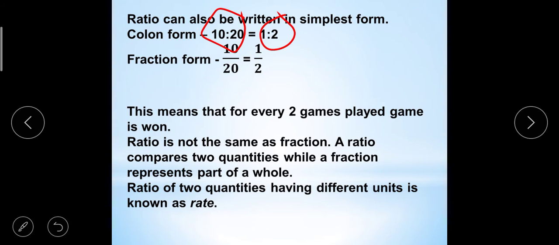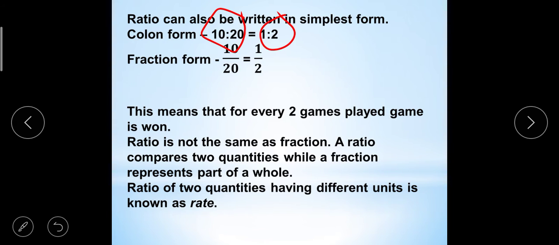Okay? Ganun din sa fraction form. So, hahanapan natin sila ng common factor. Di ba pag nag-factor tayo ng fraction, we need to find the common factor between the numerator and the denominator. So, same din dito. So, just like in column form, syempre ang common factor ng numerator natin at ng ating denominator is also 10.